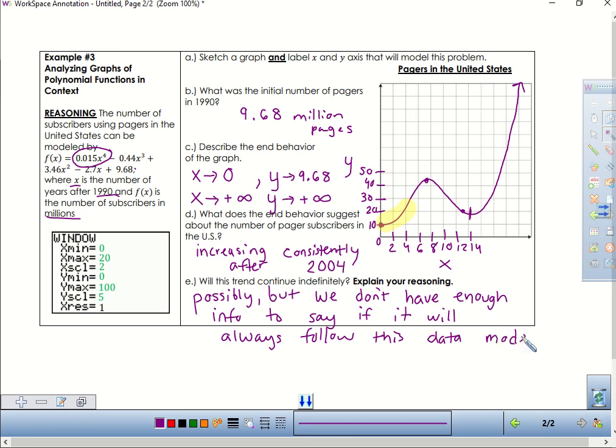We know that with this particular equation it will, but we don't know if this data will always follow this model. This model could be an expired model. All right, so that's that.